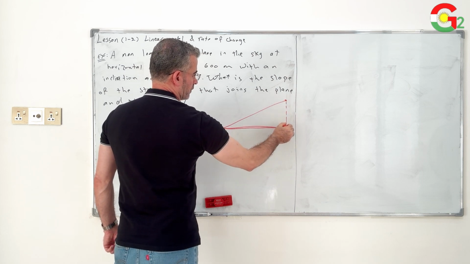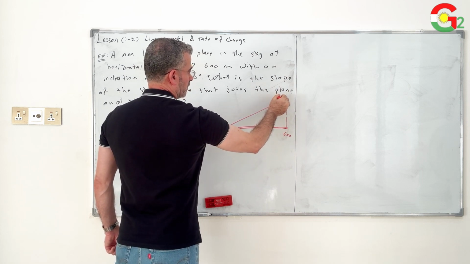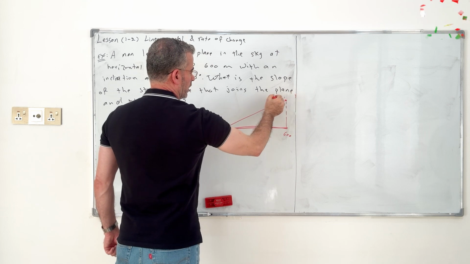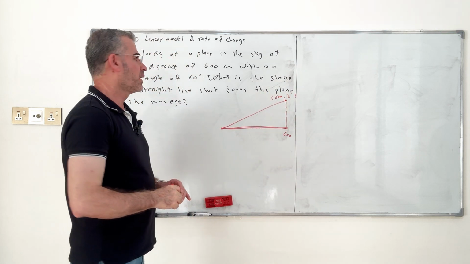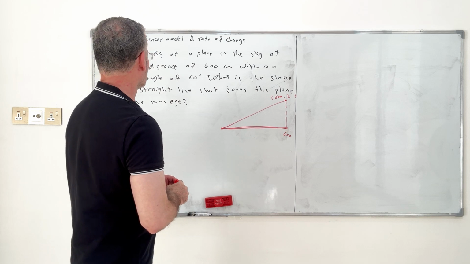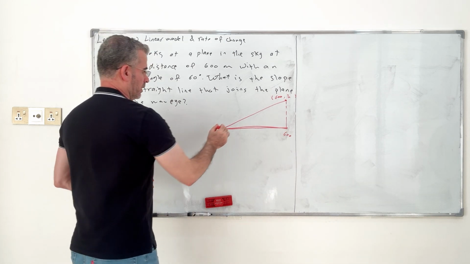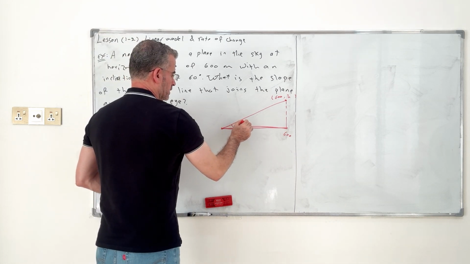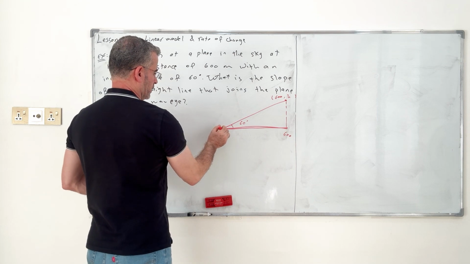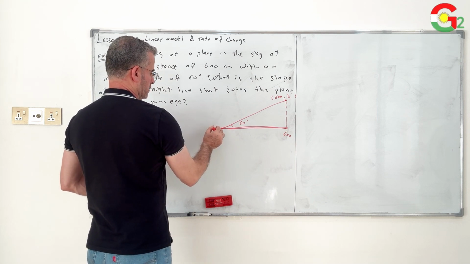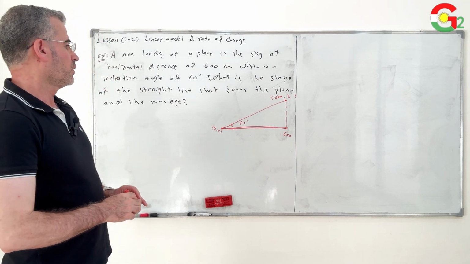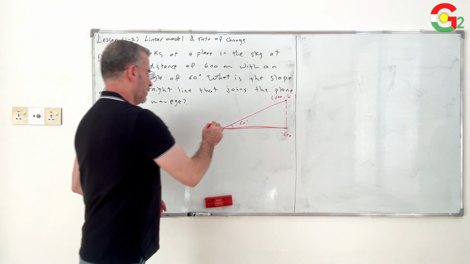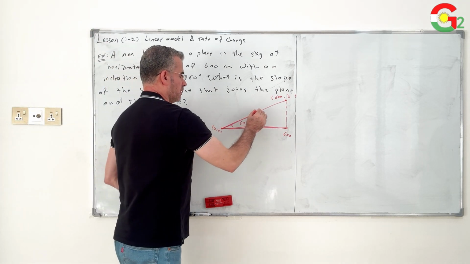The coordinate of this point are 600 by, we want here the y coordinate. The angle is 60 degree. This point is 0, 0. We want to find the slope of this line.